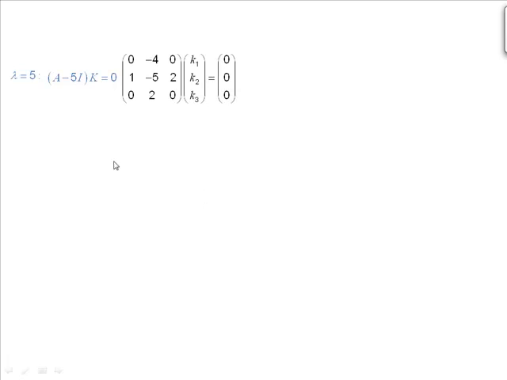When lambda equals 5, we want to solve A minus 5I times k equals 0. So here we're subtracting 5 across the diagonal.